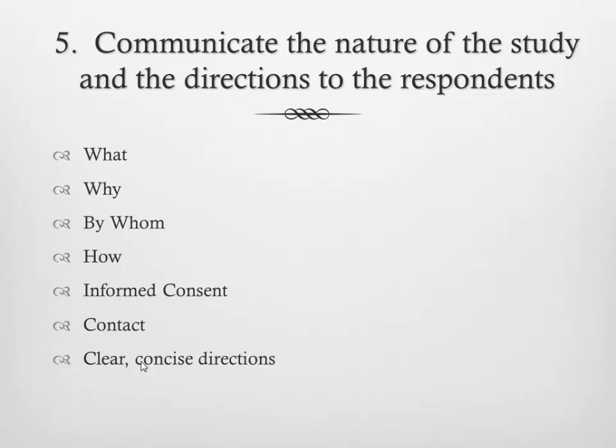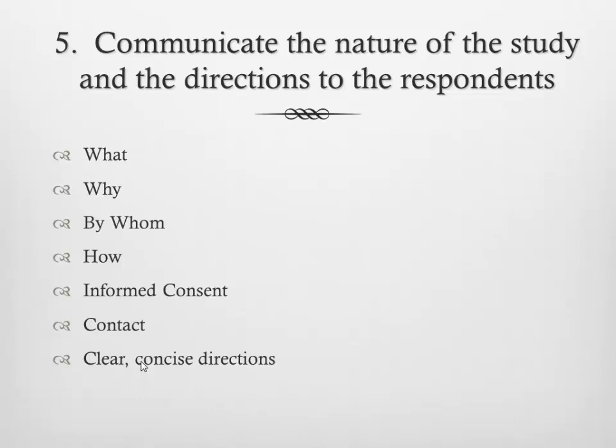You have to think about providing all that informed consent information and contact information for you as the researcher, and then providing clear and concise directions, particularly important when we're talking about survey research. So your survey instrument, your questionnaire, has to be very clear in terms of what you're asking and how you want the respondents to participate.